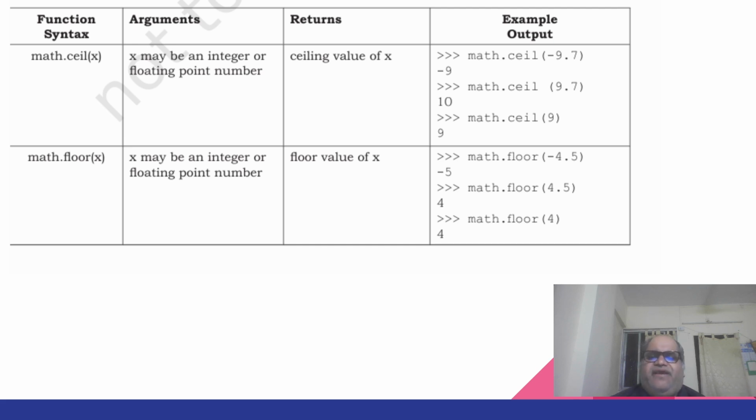Floor is the opposite of it; it will take you to the next lower integer. So 4.5 and 4.6 will both become 4.